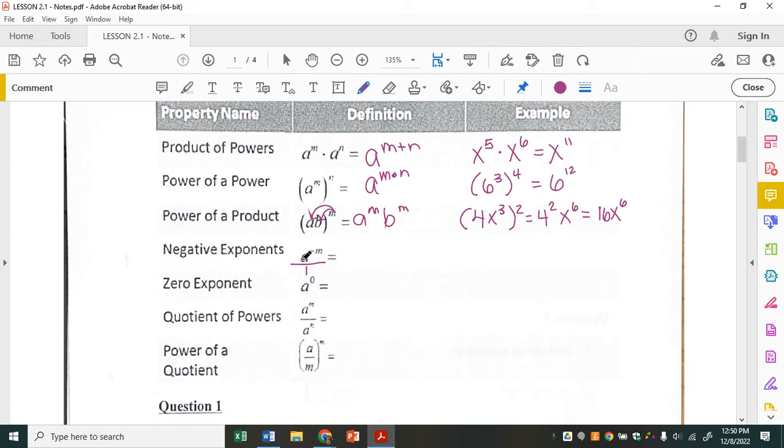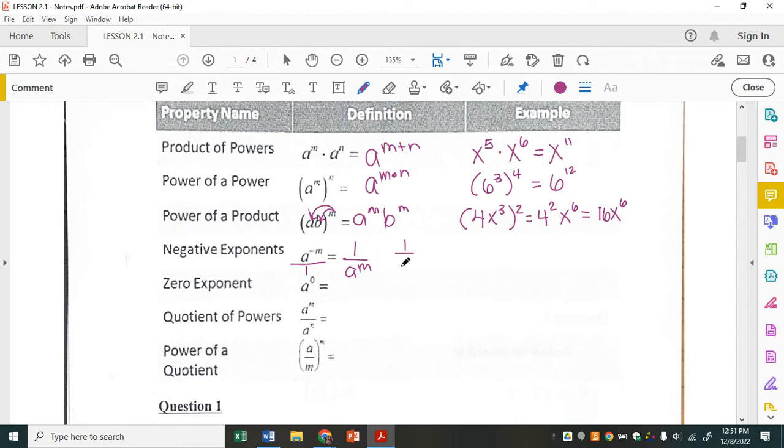To make our power positive, we change the placement of the entire term in the fraction. So in this case, a to the negative mth power is on top of my fraction. I'm going to move it to the bottom of my fraction to make it a positive power. And if I'm moving the entire term, what do I have to put as a placeholder? 1. So a to the negative mth power is the same as saying 1 over a to the mth.